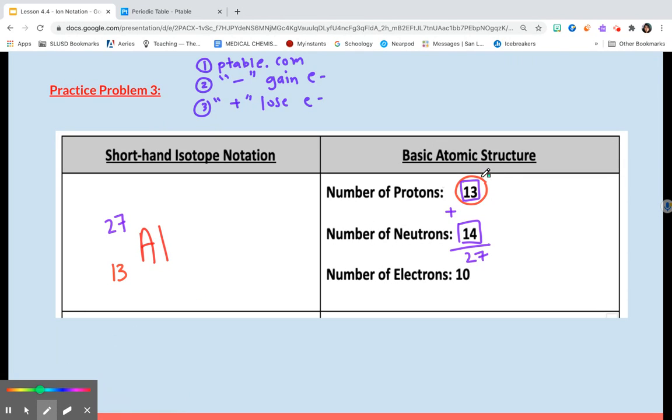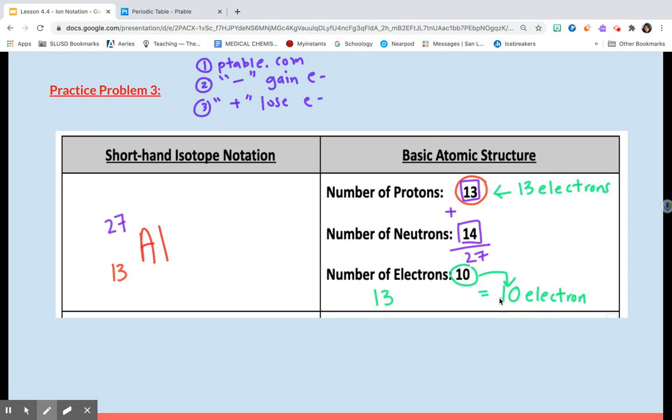So now the trickiest part and the new thing, the number of electrons. So a reminder again that this number 13 also means I have 13 electrons usually, but this time I went from 13 to 10 electrons. So when it became an ion, it went from 13 electrons to 10 electrons.